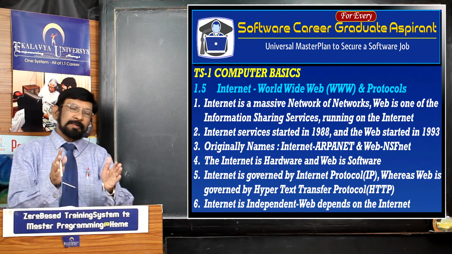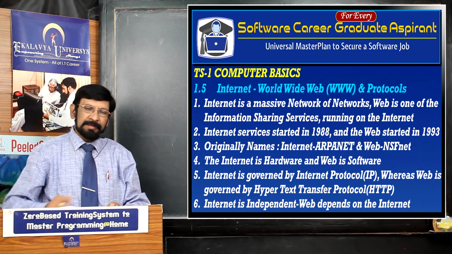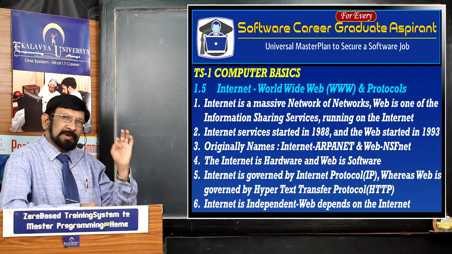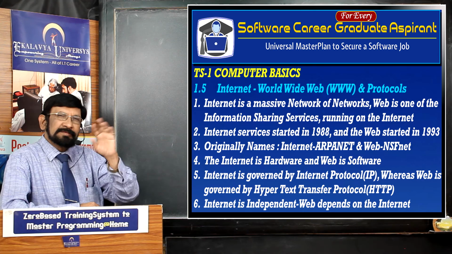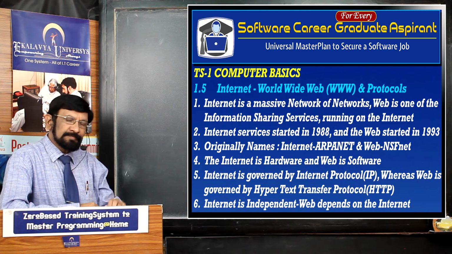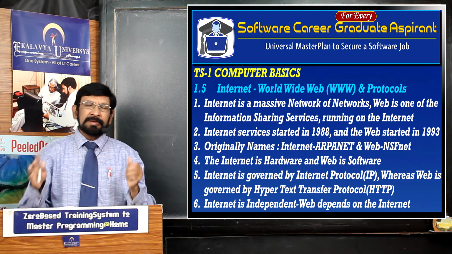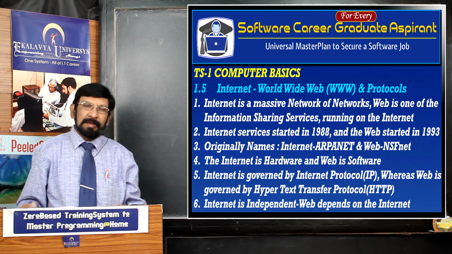So now precisely I explain the differences. By that you can easily remember them. First, internet. Internet is a massive network of networks. It connects billions of computers globally together. Okay. Thereafter, web. Web is an information sharing system.